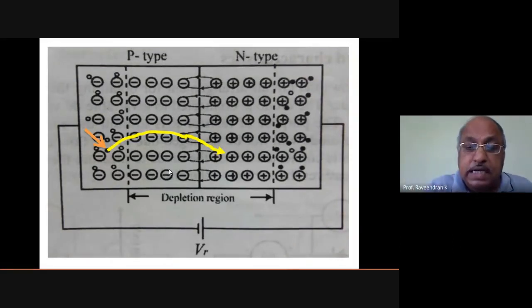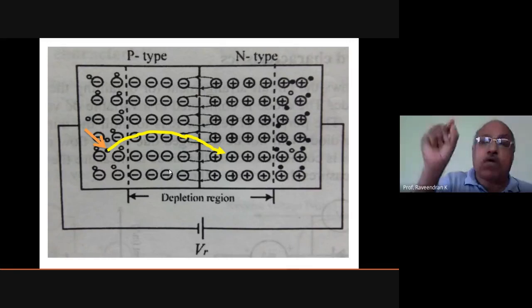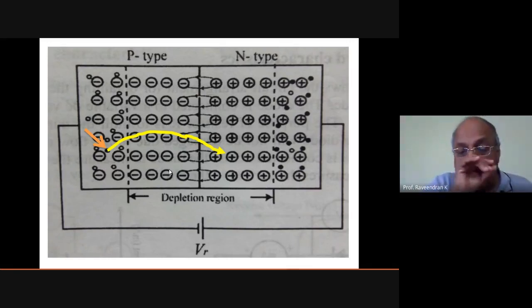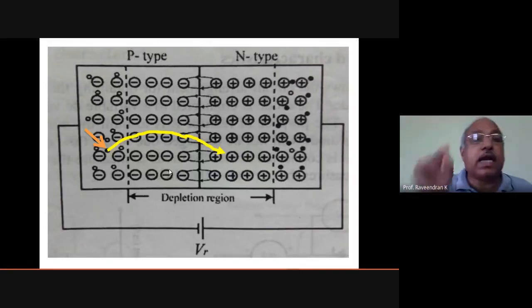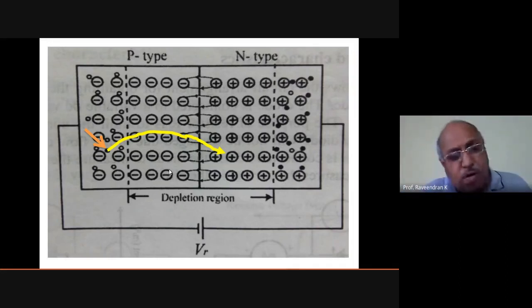So under reverse biased condition, the current flow through the PN junction will always be the leakage current, which will be of the order of some microamperes. It is not an ordinary current flow. It is a leakage current due to the thermally generated electrons, and that current is of the order of microamperes, such a small value.